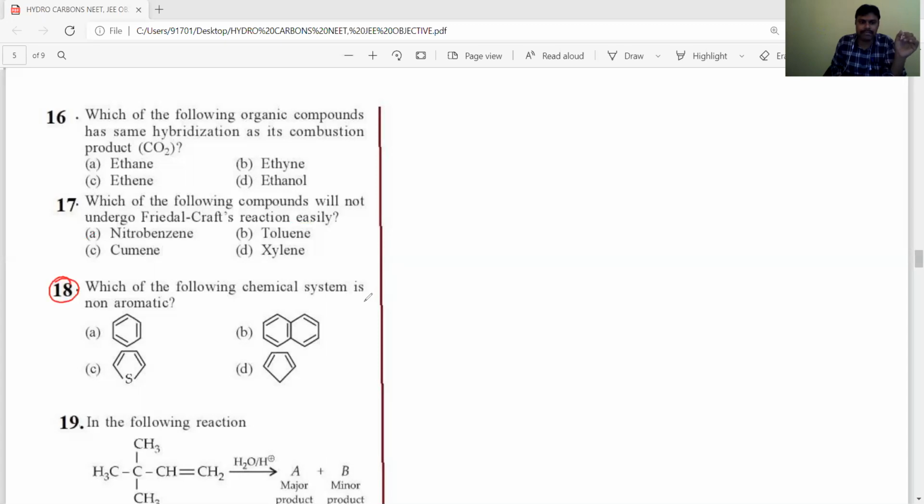Which one of the following chemical systems is non-aromatic? So aromatic and non-aromatic, how can we identify? We have to check that the compound is cyclic in nature, planar, and follows the 4n plus 2 pi electrons rule, that is Huckel's rule.